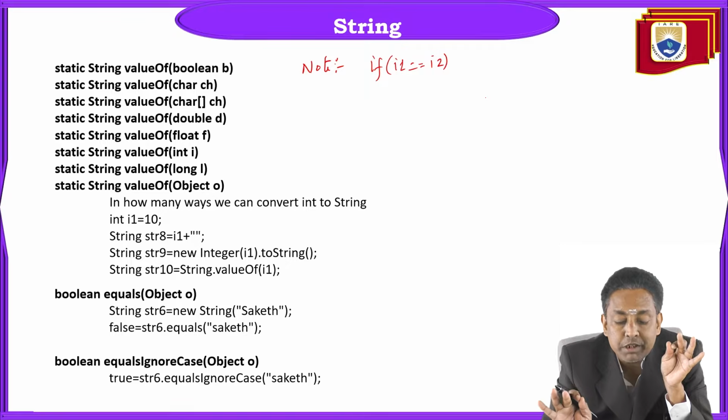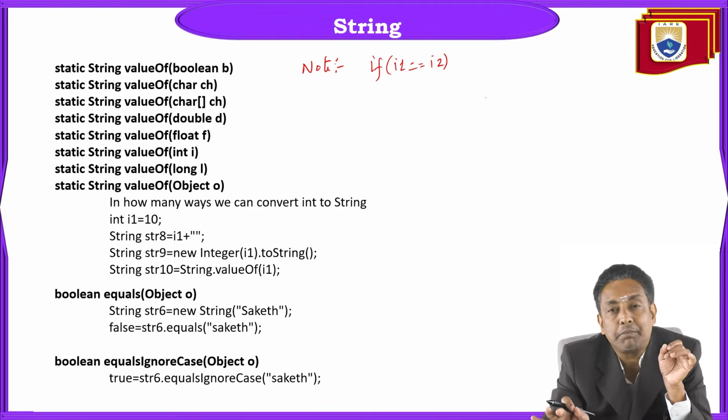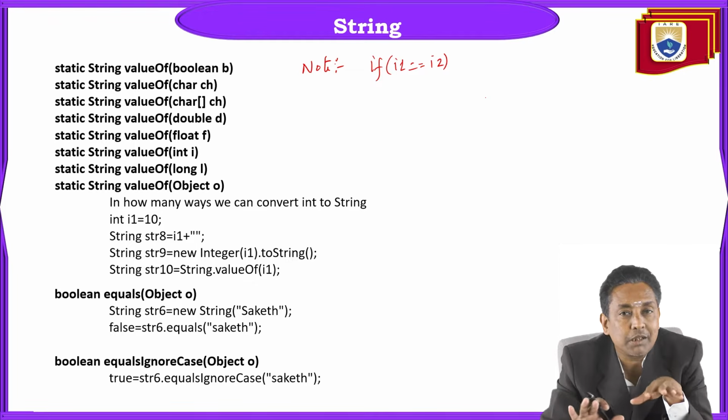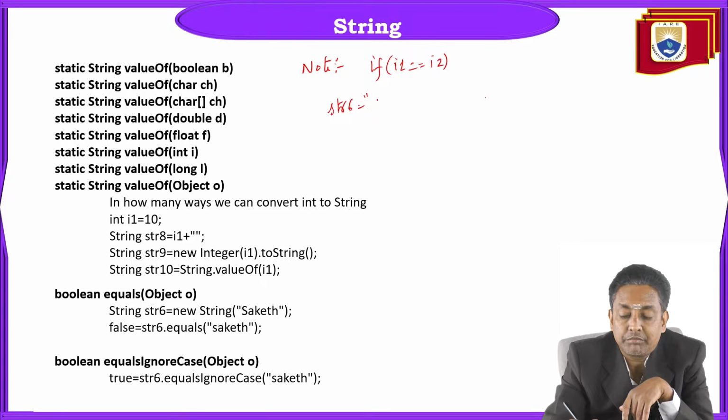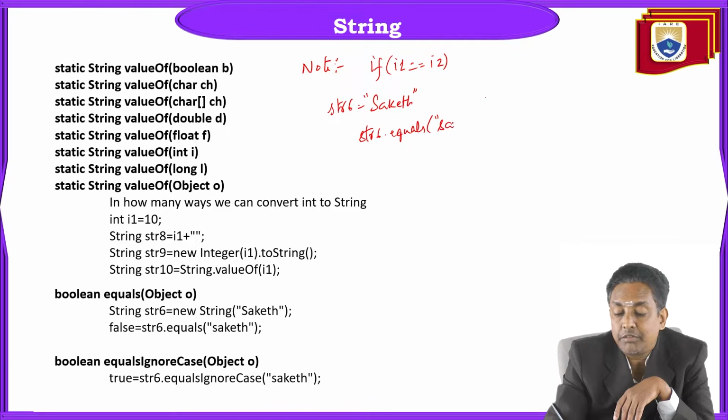But if you take any two objects, they must be compared with the equals method but not with the equal-to operator. For example, if you take a String here, like String str6 is Saketh, with capital S, and a second string, then str6.equals of it. Here the equals method is comparing Saketh with another string.